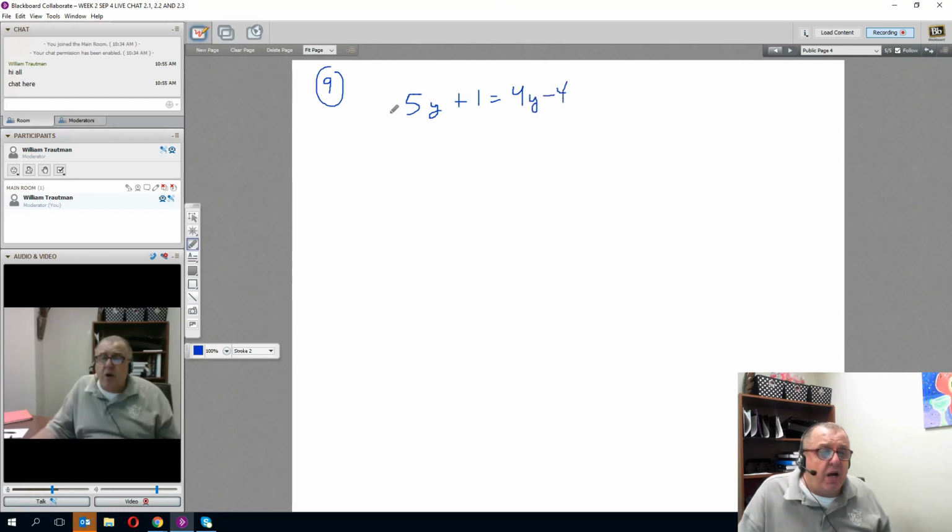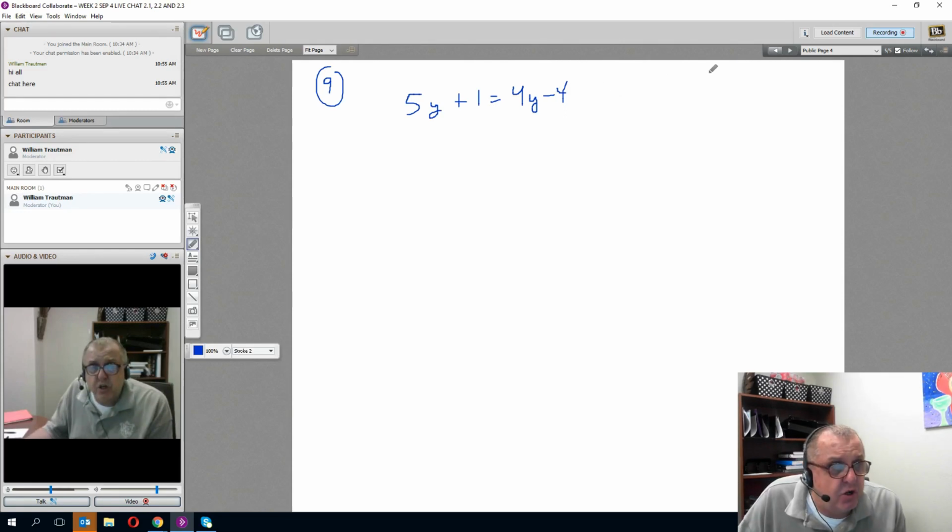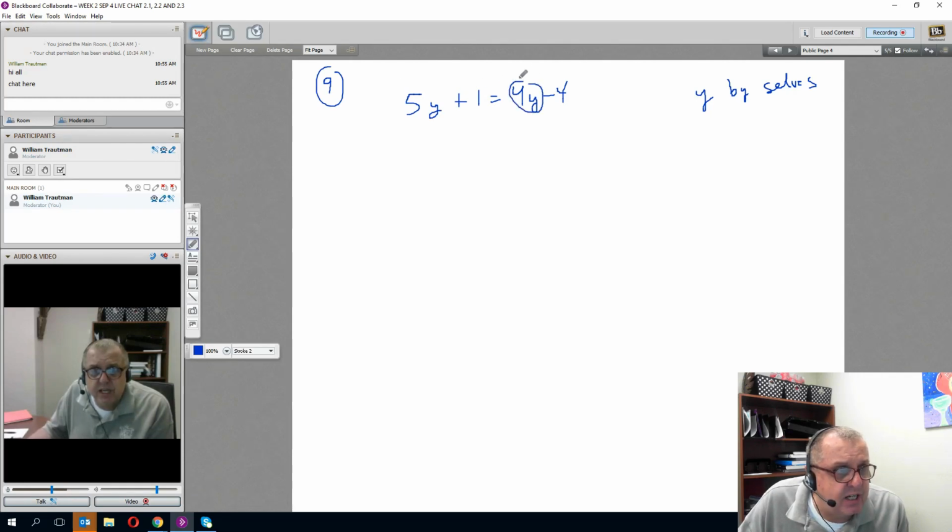Here I have y's on both sides. So the first rule in this particular case, by the way, I'm going to set up all the rules later on, but here you want to get the y's by themselves. So I want to take all the y's to one side. I'm going to take this 4y to the other side. This is a positive 4y.